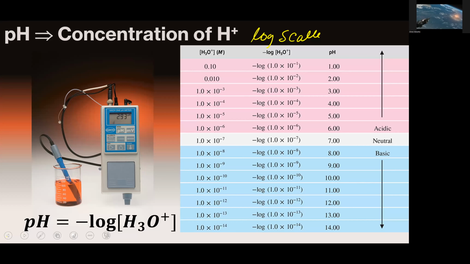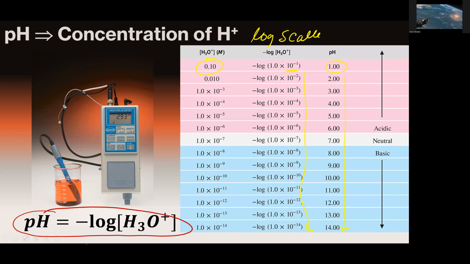If you have 0.10 molar H3O plus, you're going to have a pH of 1 because you have 10 to the minus 1. This is a really high concentration of H3O plus for a solution. The more dilute you get, the smaller your concentration is, the more the pH goes up, because pH is always equal to the negative log of the H3O plus concentration.